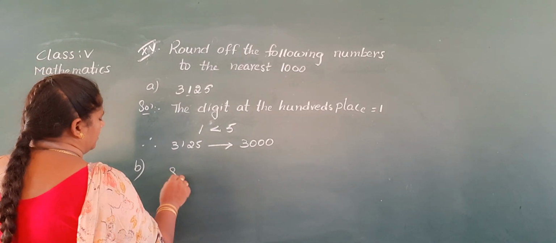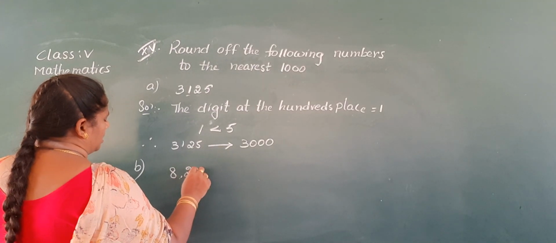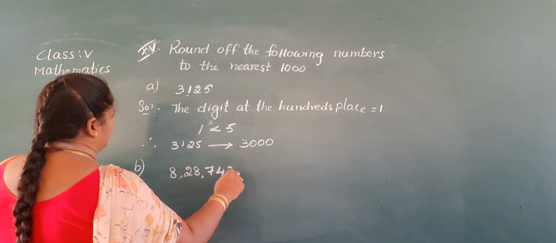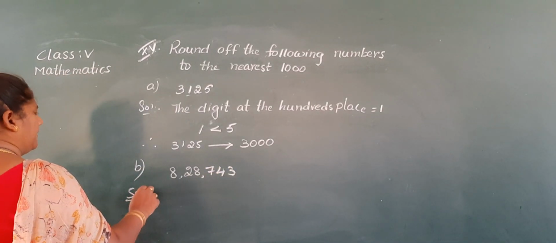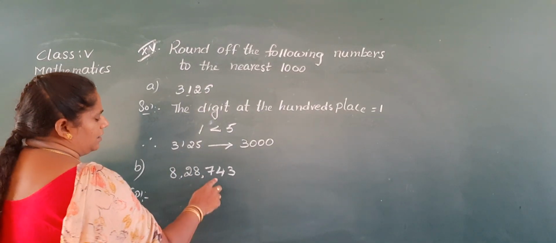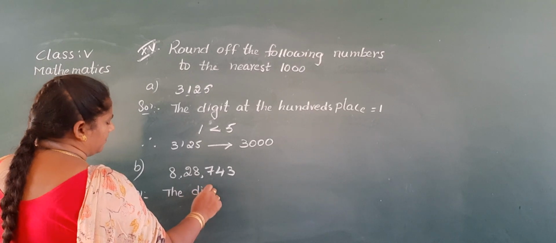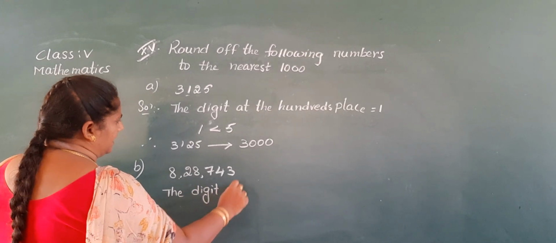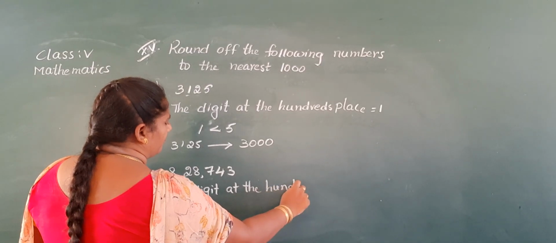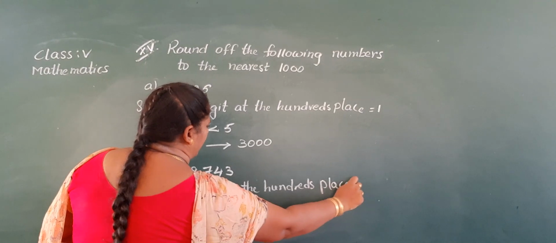Now, 8,28,743. Yes, to round off this number to the nearest 1,000, first you look at the digit at the hundreds place. So the digit at the hundreds place is equal to 7.